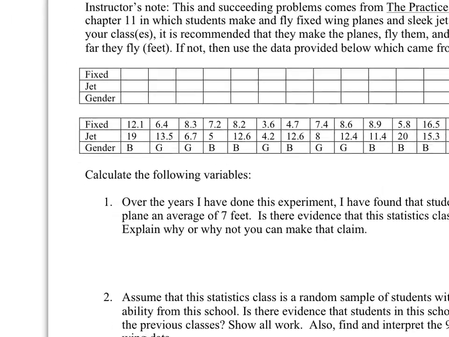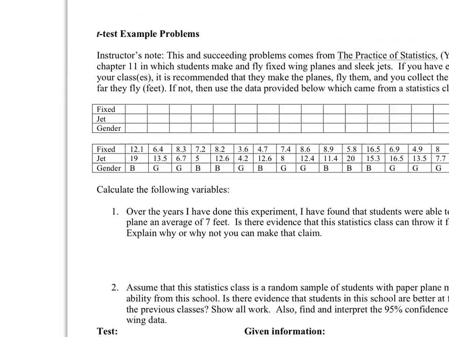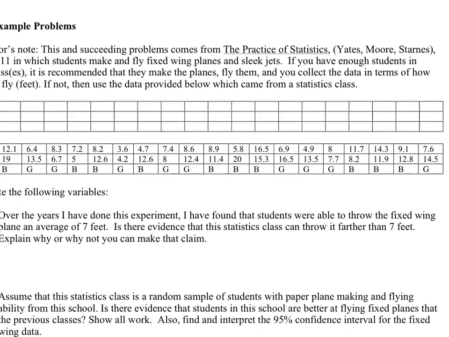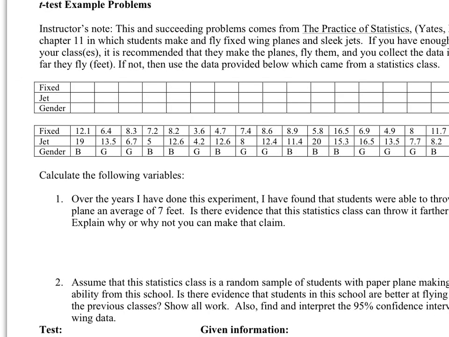All right, there's a blank grid because we could have actually done this. There are instructions in this textbook, The Practice of Statistics, for how to fold paper to make a fixed-wing airplane, how to fold a jet plane, and a third plane. Back in the day when I had classes that all behaved, we could go to the hallway and you and your partner could throw your paper airplane 3 times and take the average distance thrown.